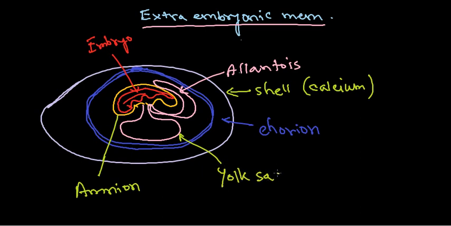So these are the different membranes, and this is the embryo; other things will be placed inside, and the yolk will be placed inside this yolk sac. I'm not talking about that because I'm only interested in membranous sections.